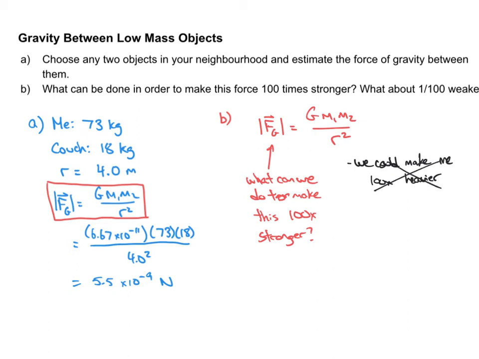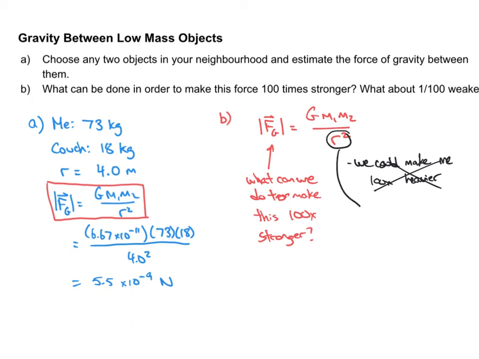And same with the couch. I'm not going to make the couch 100 times heavier. If we magically could do that, then we would end up making the force 100 times as much. So really, the only realistic thing we can do with a person and a couch is maybe adjust the distance. Okay, adjust the r value.